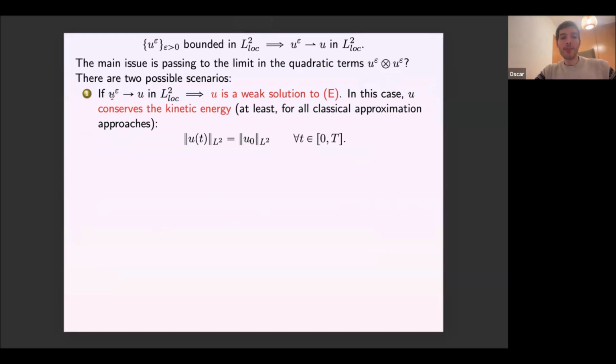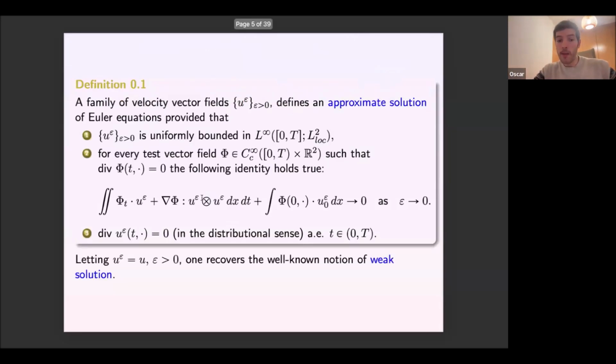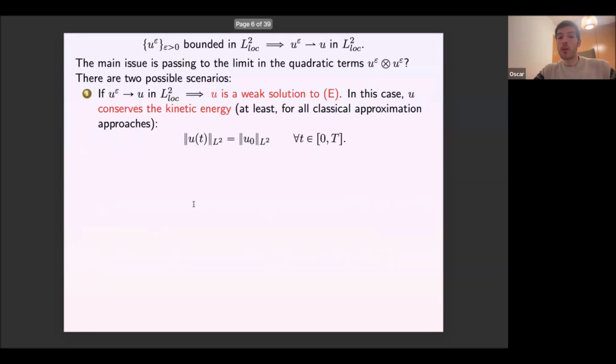Firstly, assume that one is able to upgrade the weak convergence to a strong convergence. If this is possible, then U is a weak solution to Euler equations. Indeed, in this case, one can pass to the limit, replacing U epsilon by U using the strong convergence in L2. And then we conclude that U is a weak solution.